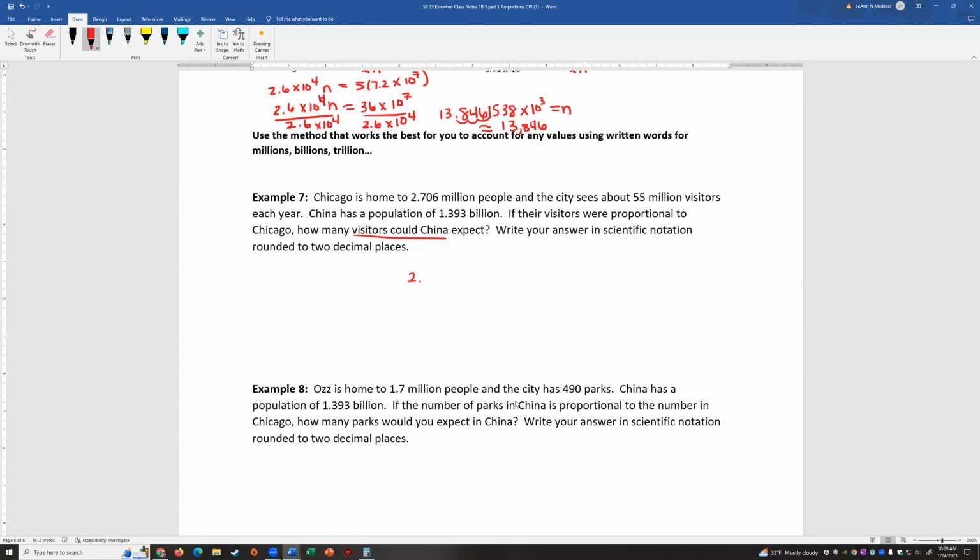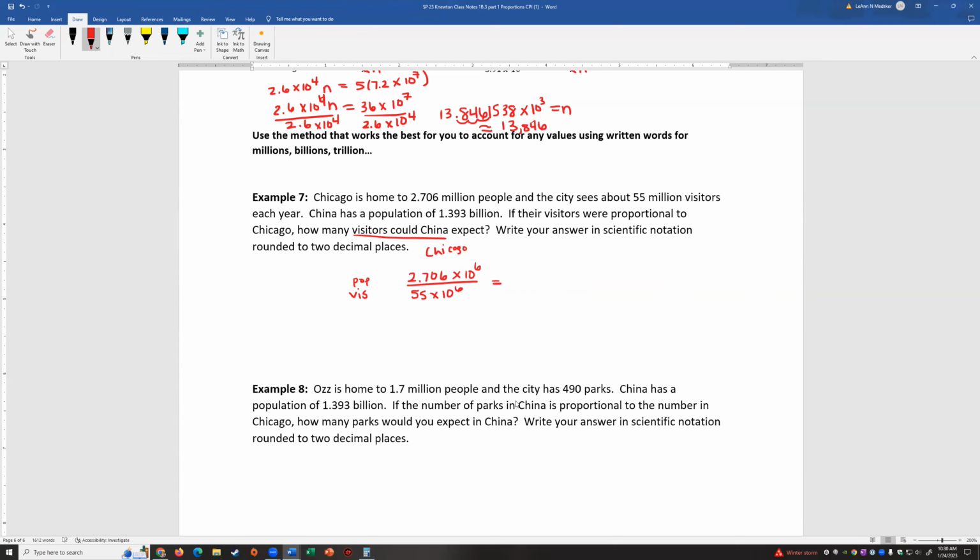Okay, so I'm going to write these as scientific notation. 2.706 times 10 to the 6th for the million over 55 times 10 to the 6th. That's our visitors. So this is population over visitors, and this is Chicago.